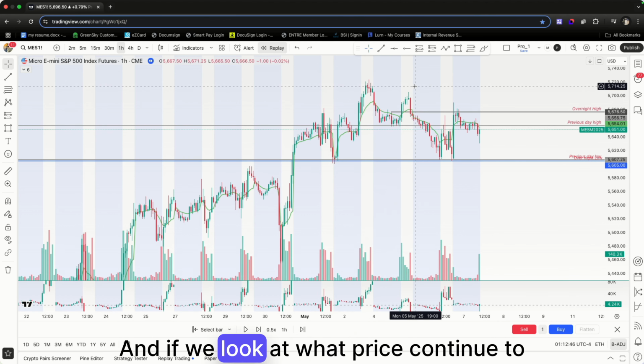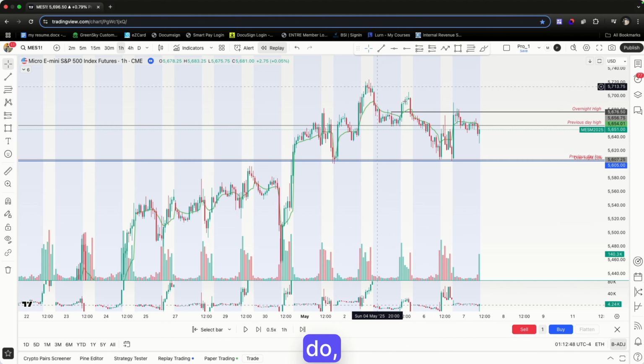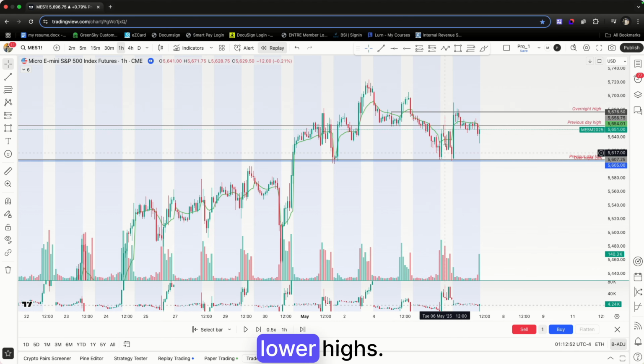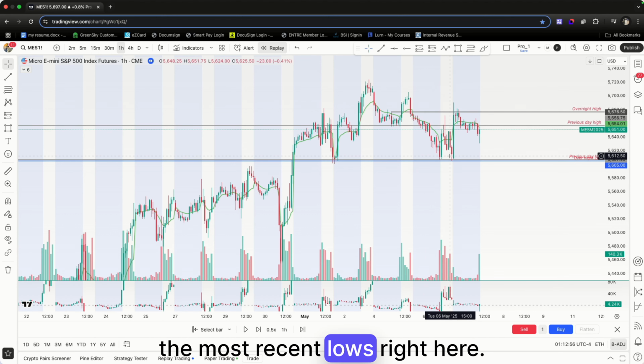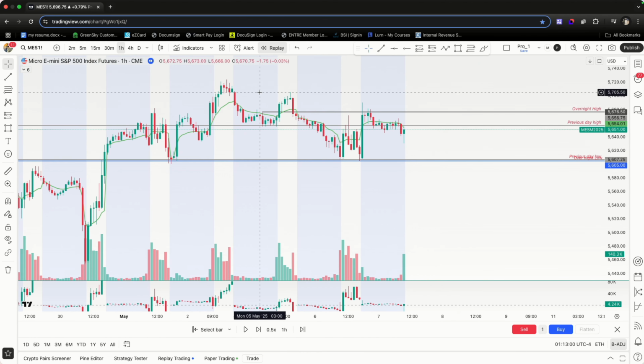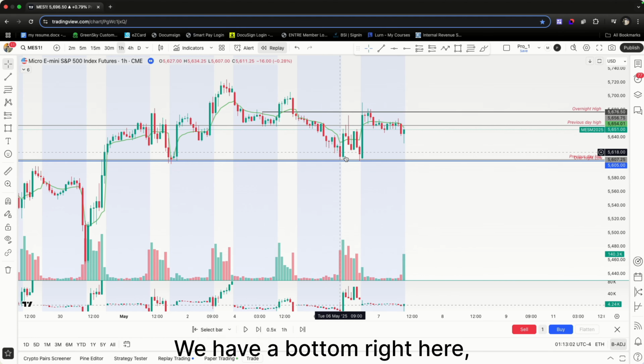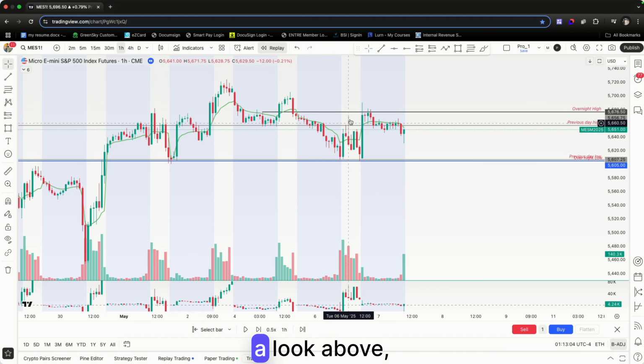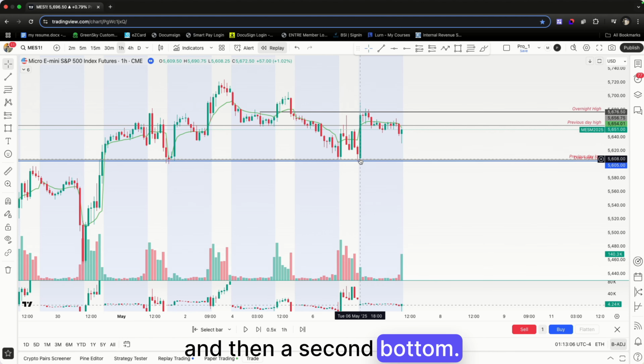Cool. And if we look at what price continued to do, we started getting lower lows, lower highs, right? The most recent lows right here, I think there are two touch points, right? We have a bottom right here, a look above, and then a second bottom, right?